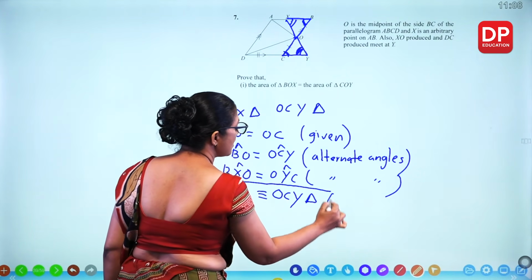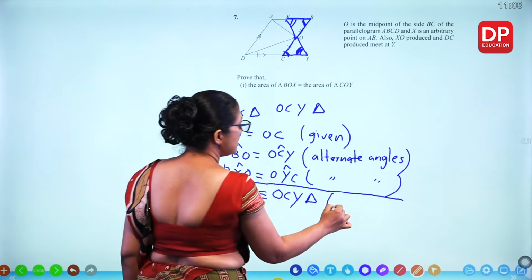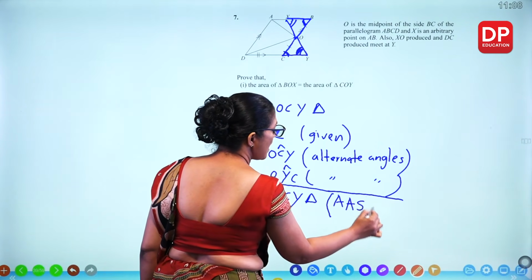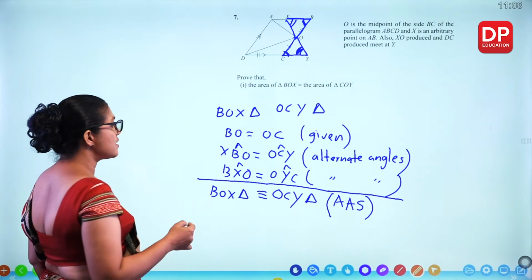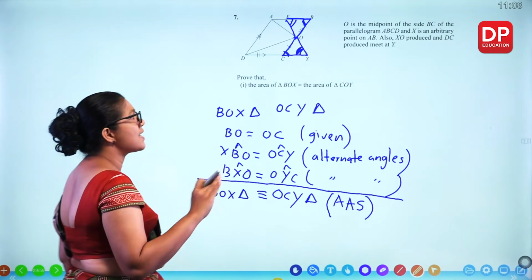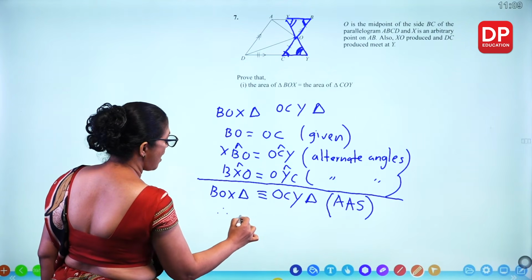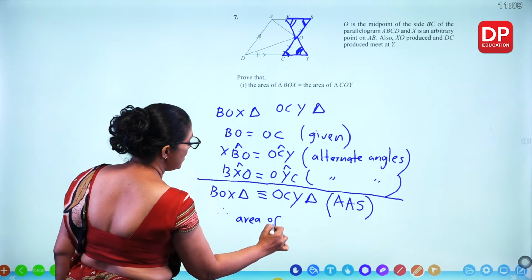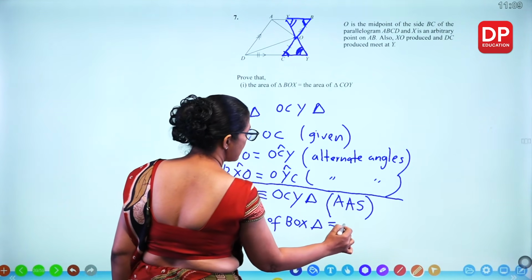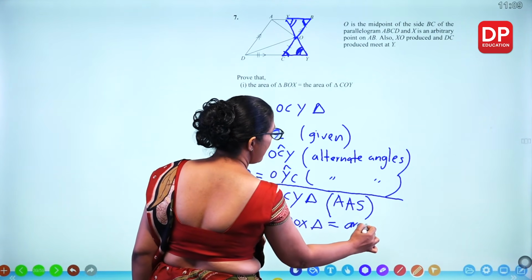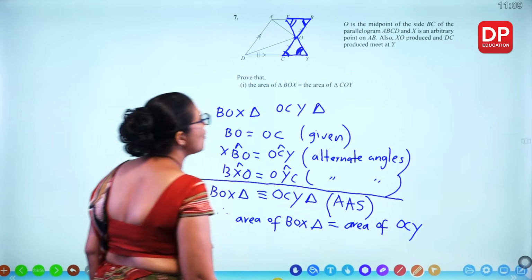What's the situation? It's angle, angle, side. If the two triangles are congruent, that means same size and same shape. So therefore, area of BOX is same as area of OCY or COY.